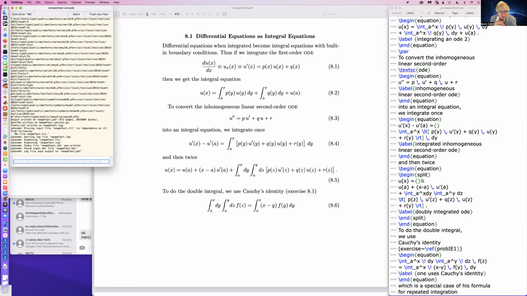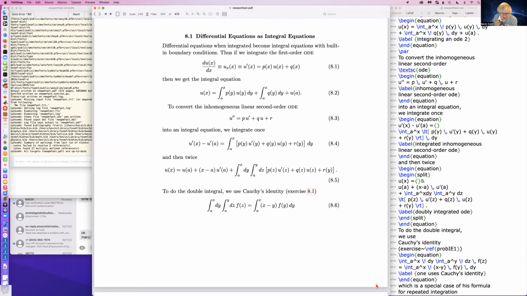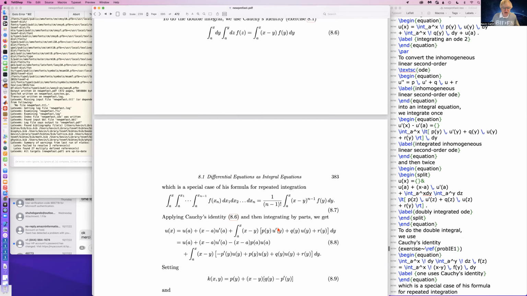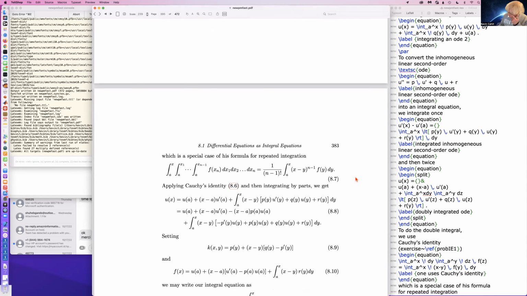And then it involves this unfamiliar Cauchy identity, which, as I said, is a special case of the even less familiar and more sophisticated Cauchy identity. Monsieur Cauchy was a very talented man.